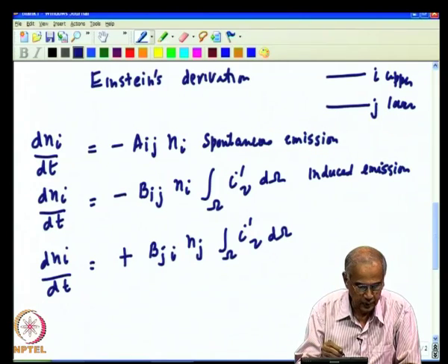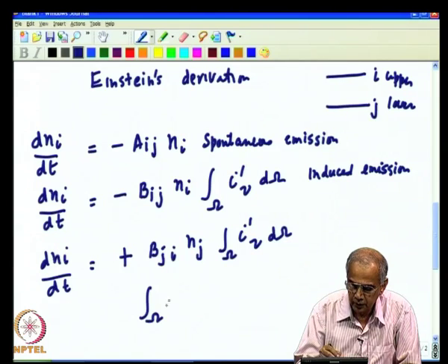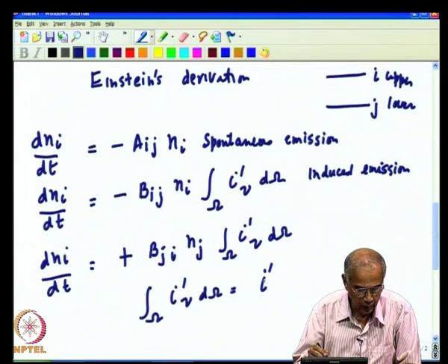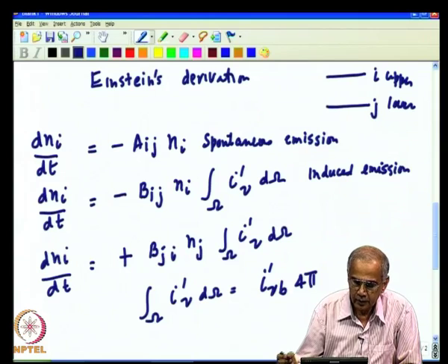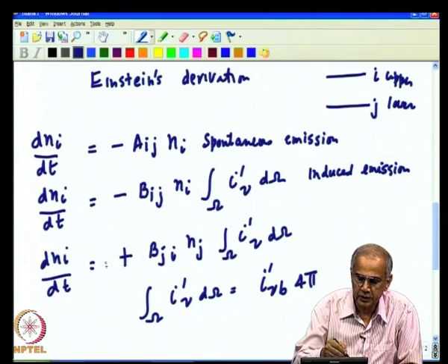Now, Einstein assumed that the incoming radiation is from black body and isotropic in all directions, and so he wrote down integral of I nu d nu as nothing but integral I nu b into 4 pi. This is because the radiation is coming isotropically in all directions, and then in equilibrium the sum of these three terms has to be equal to 0.